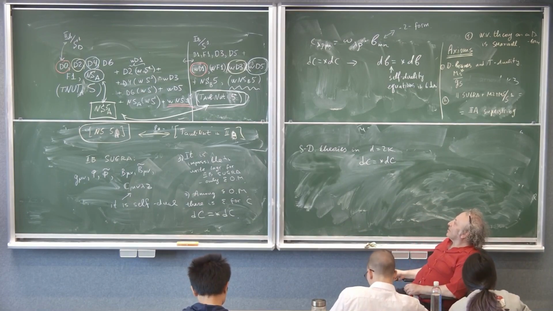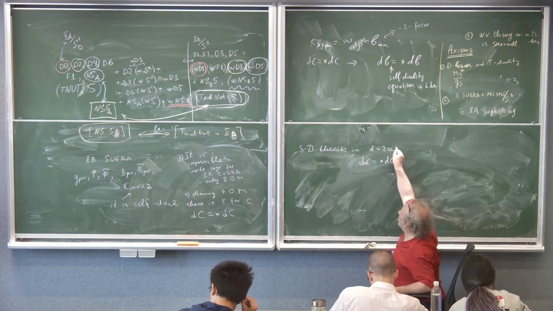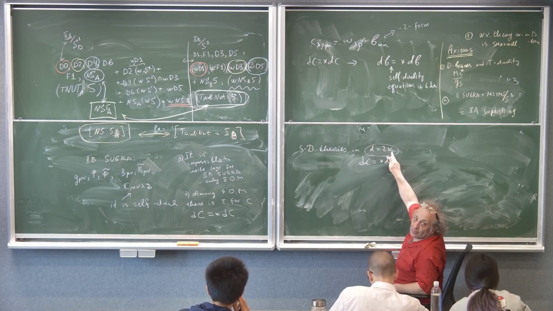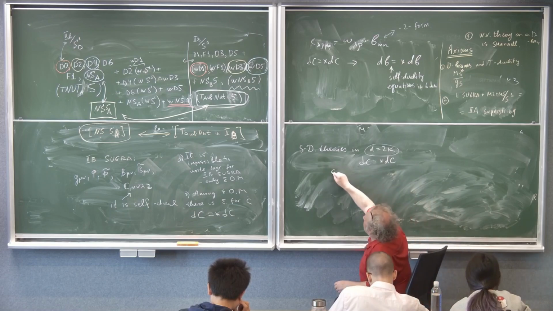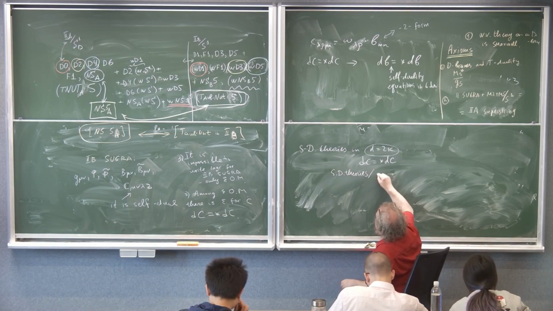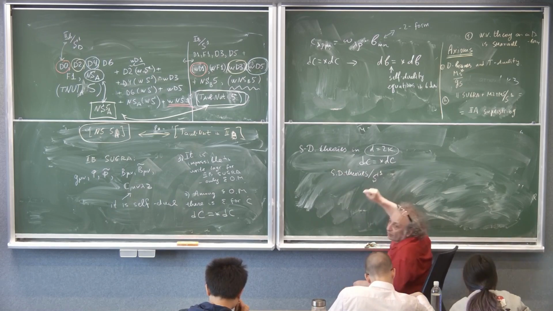However, it's interesting that while it is very hard to imagine what is going on in d equals 2k, we can still understand self-dual theories compactified on S1.